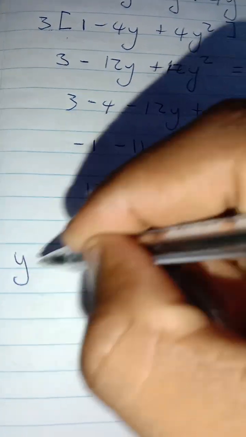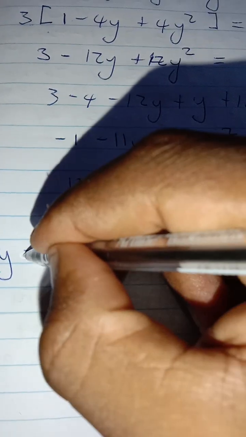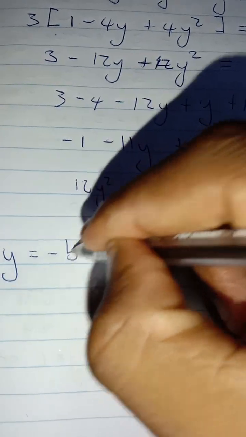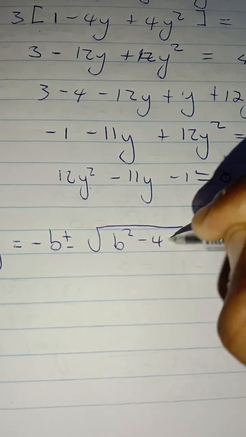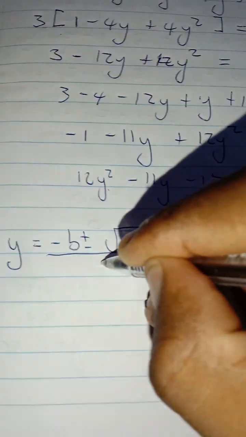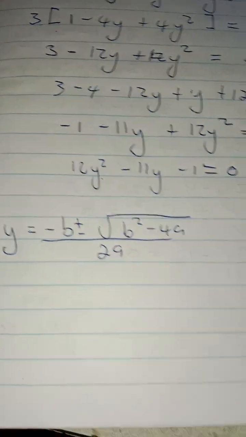So it's gonna be y equals to negative b plus minus square root of b squared minus 4ac over 2a, ne?